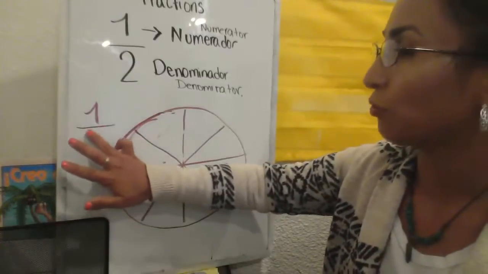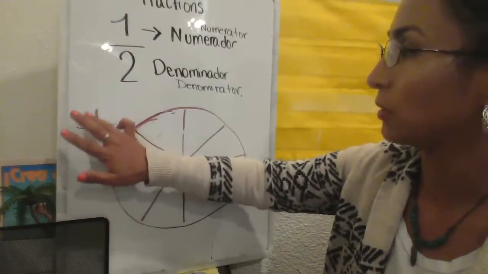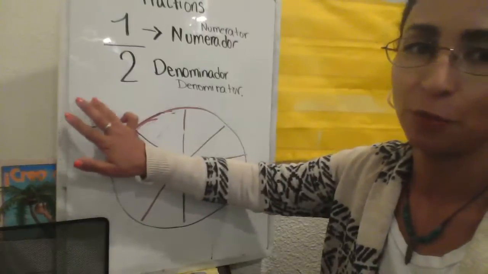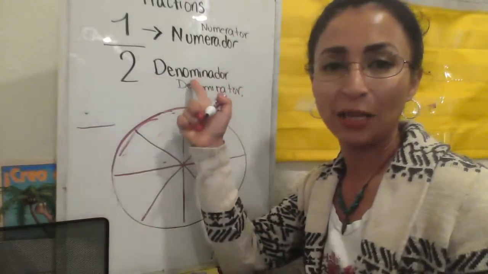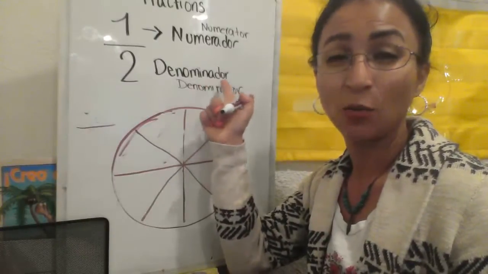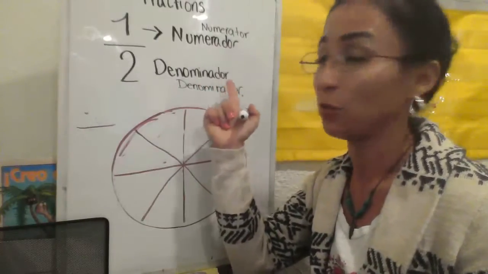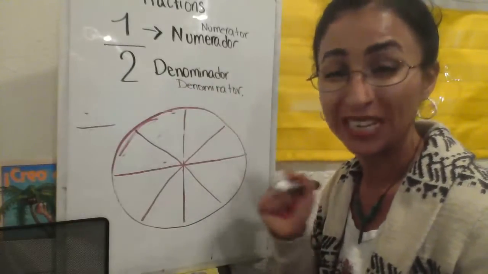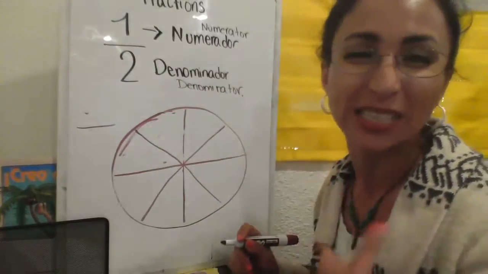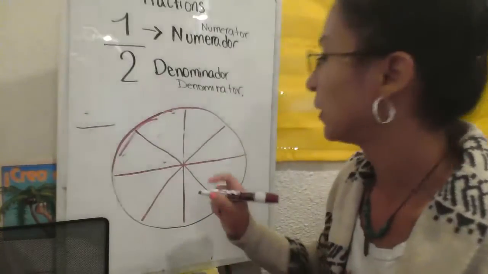I'm going to erase these numbers over here because I no longer have 4 pieces, mis amores. A ver, vamos a buscar el denominador. We need to find out what the denominator is. What's the denominator? What's that number at the bottom that I need to pay attention to before I start eating the whole pizza up? Okay.